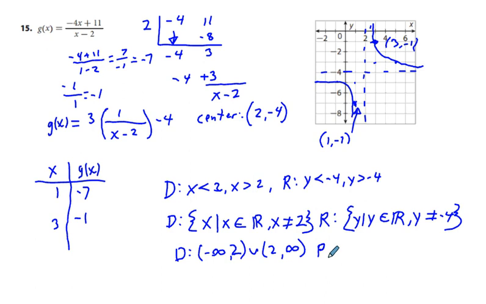Range: we have the same type of thing, except we have less than -4, union, greater than -4 to less than infinity. And that's going to be it.